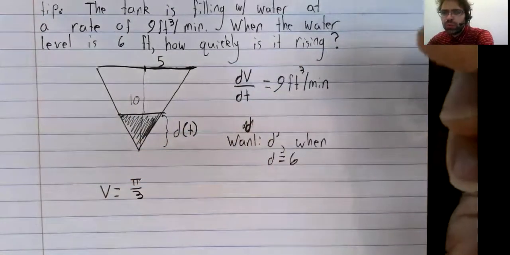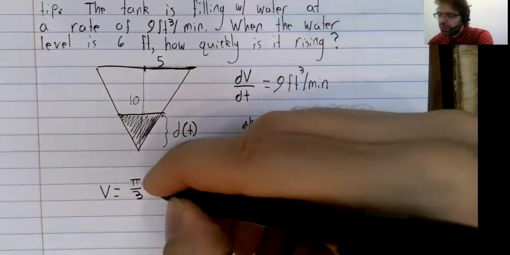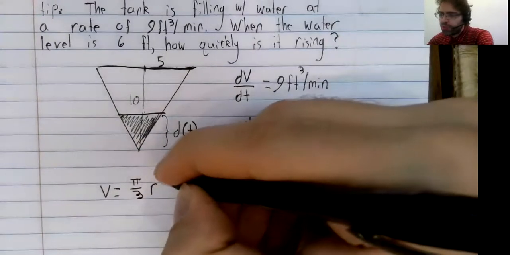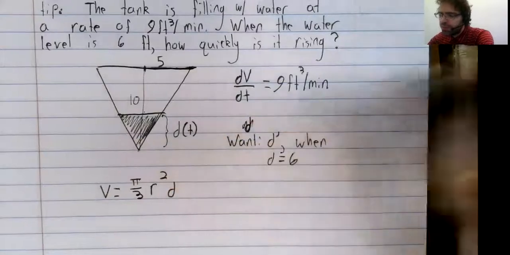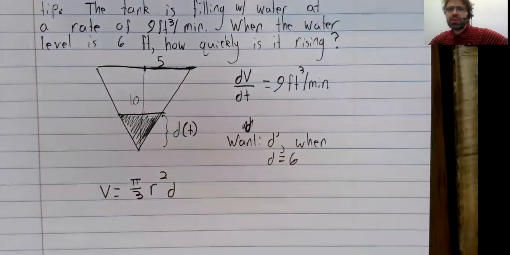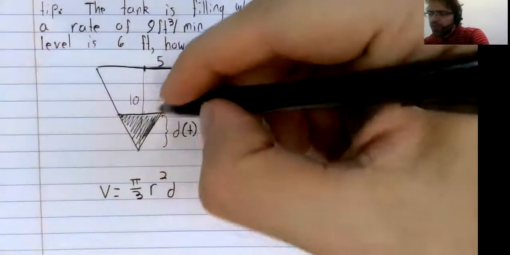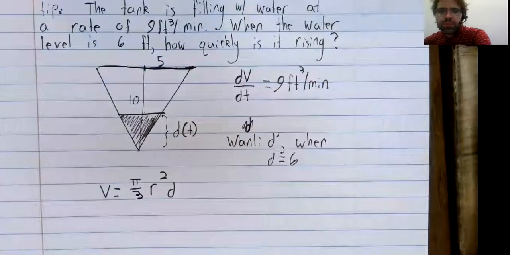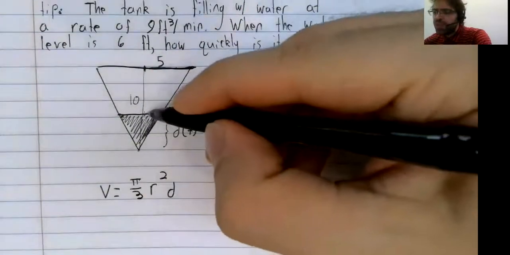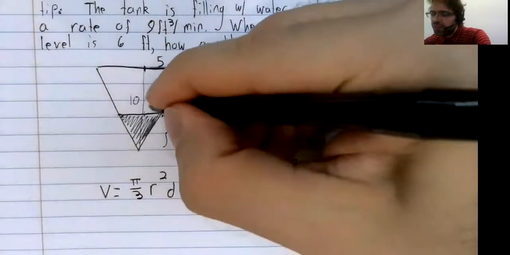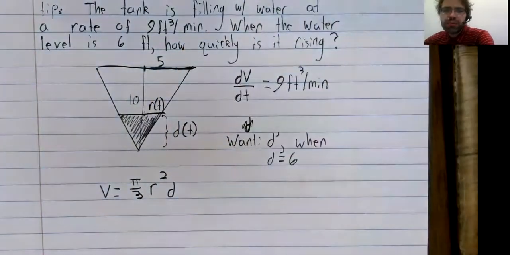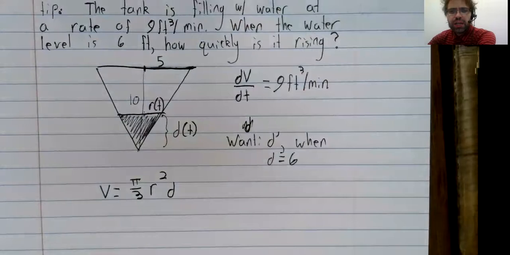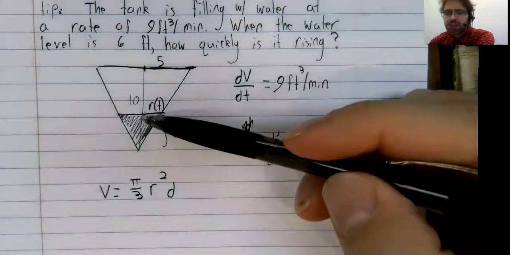The volume is pi thirds times the radius squared times the depth. When I was drawing this picture, we didn't know we'd need this radius. But now that we do, let's label it. And the radius is also changing with time.